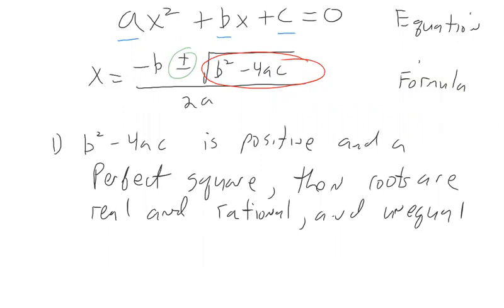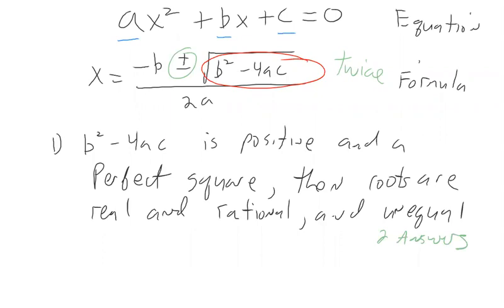So that's just shorthand. It means you have to do the equation twice. You have to do negative b plus the square root of b squared minus 4ac over 2a, and then you have to do the equation again, negative b minus the square root of b squared minus 4ac all over 2a. You must do this equation twice.